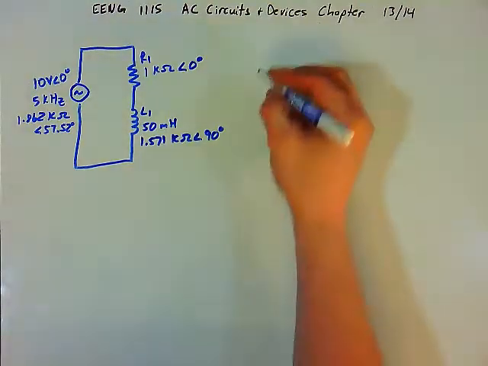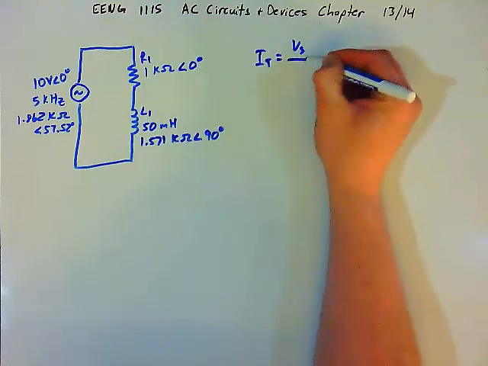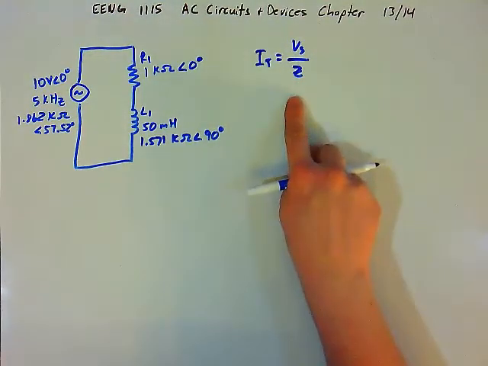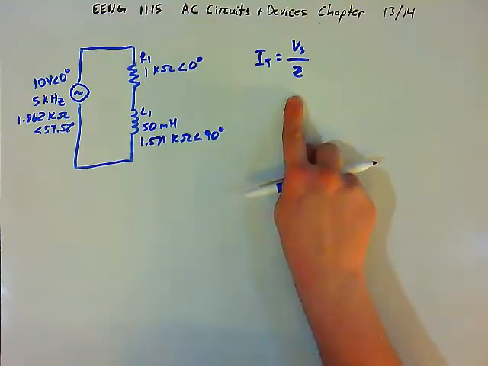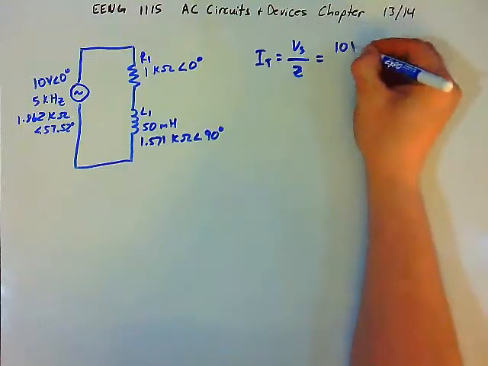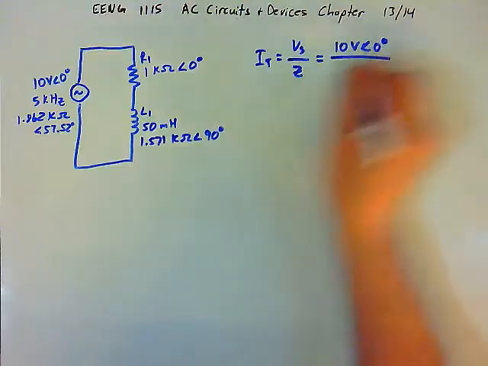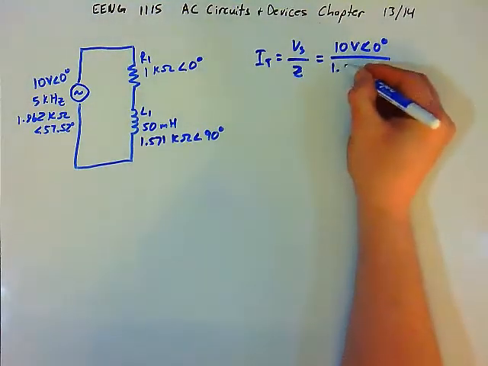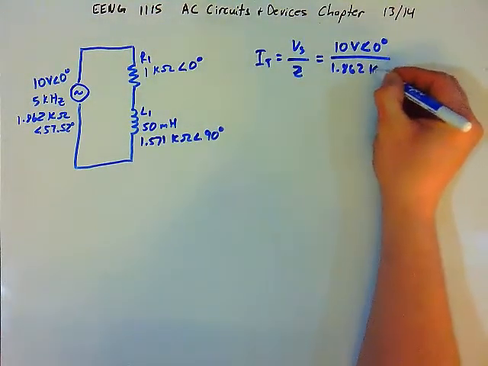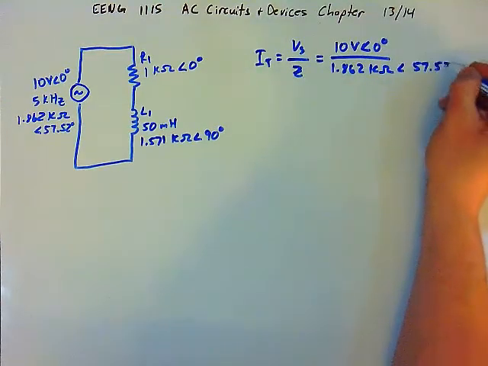The next step now is going to be to find total current. Total current is going to be the source voltage divided by the impedance, which in this case is like the total resistance. So we are going to have 10 volts at 0 degrees divided by our total impedance, 1.862 kiloohms at an angle of 57.52 degrees.